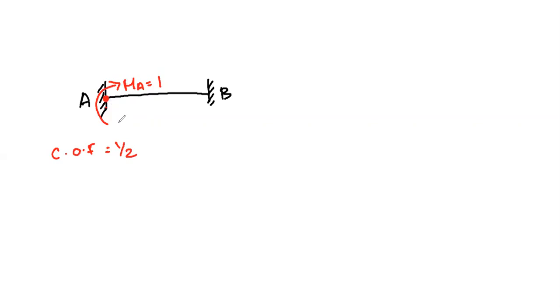Here the moment value M is 1, so the moment will be 1 by 2 into 1, which is equal to 1 by 2. So at the B support the moment will be equal to 1 by 2.